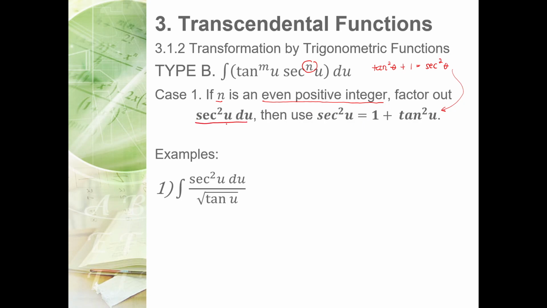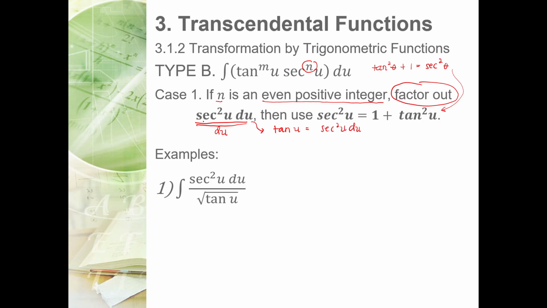Again, the factored out term will be the candidate for the derivative of u, the du. Because in your derivatives, the derivative of tangent u is secant squared u du. Right?